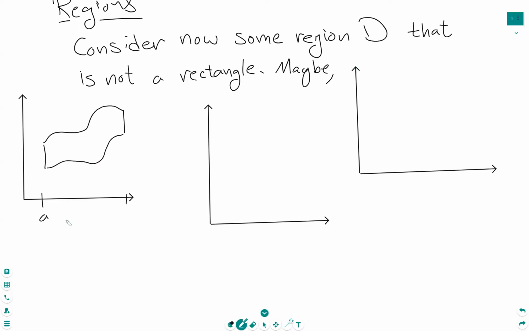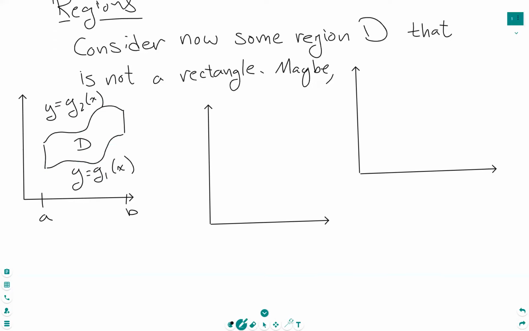Maybe here I have x goes from a to b, but I have a function that describes this bottom section here that we can call y is equal to maybe g1 of x, and up above it's bounded by a function g2 of x.